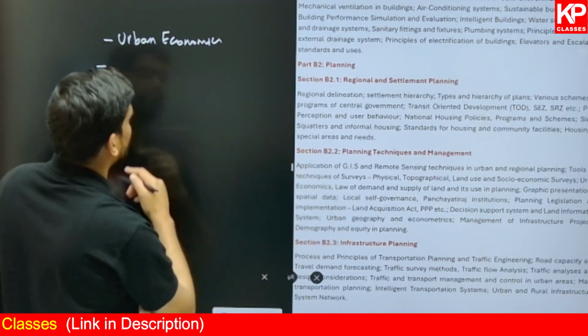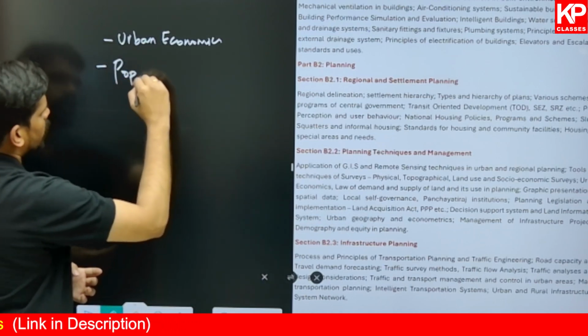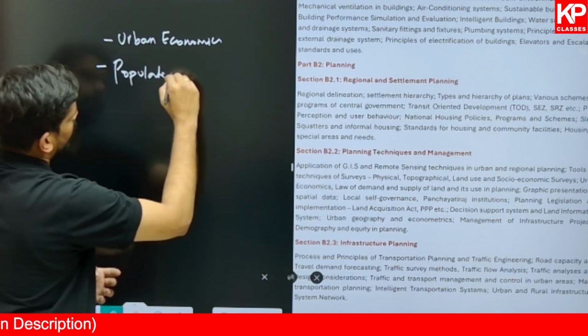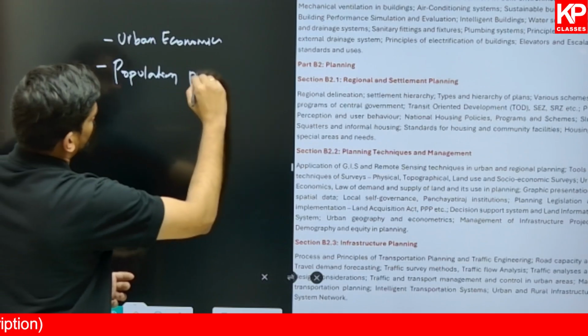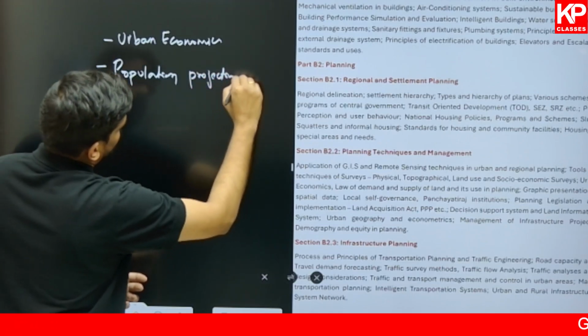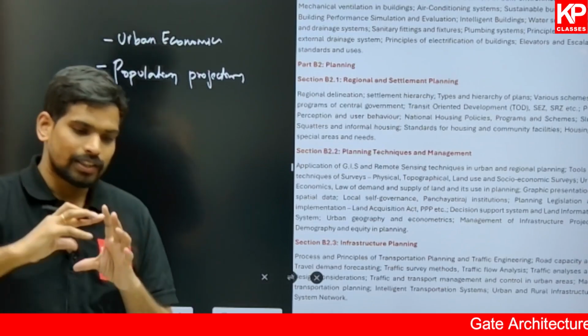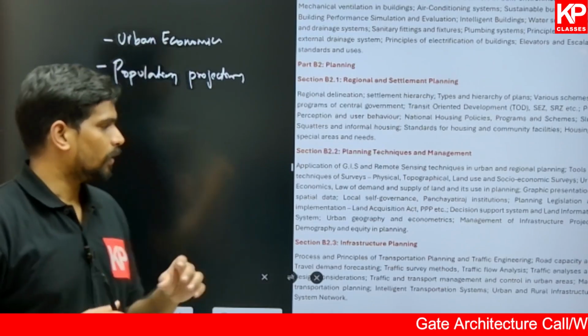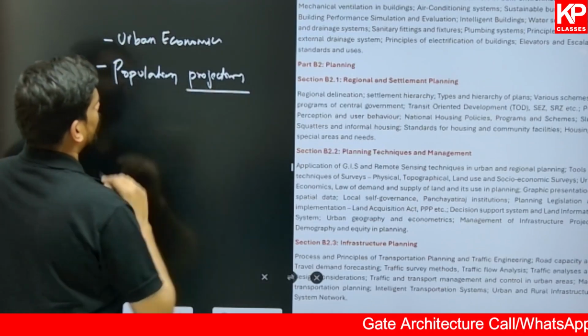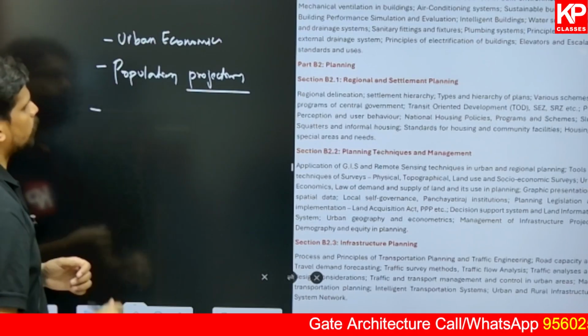Some numericals related to that are asked. Population projection is a very important concept.